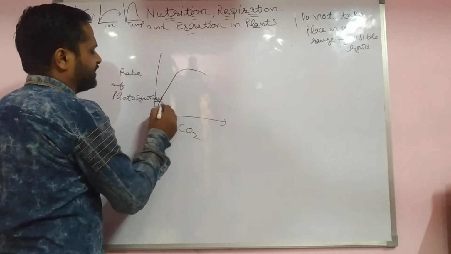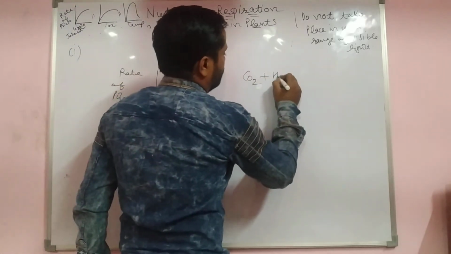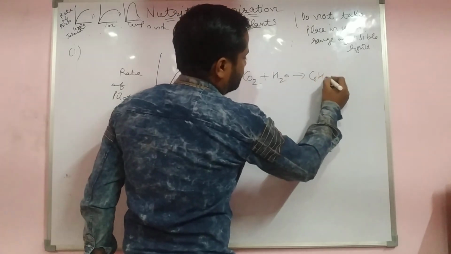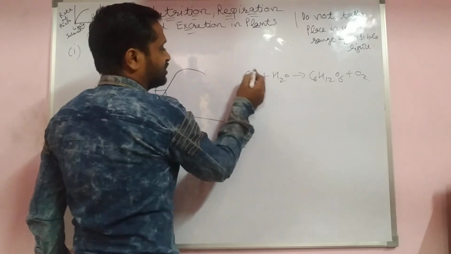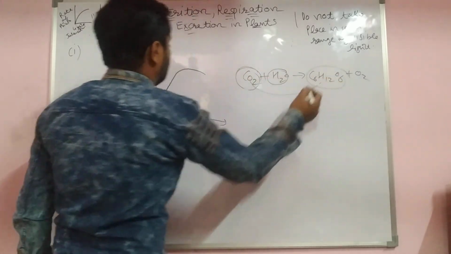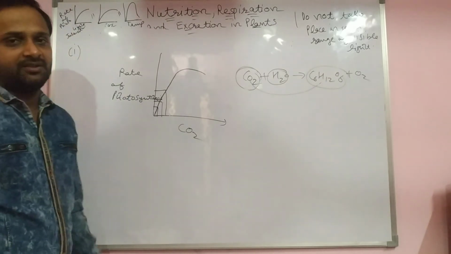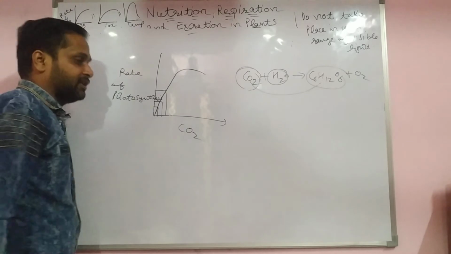When CO2 increases, obviously, keep in mind, you already know the reaction, without balancing it, students. If you increase the reactant, obviously the product increases. Rate of photosynthesis increases. Keep in mind, if more CO2 is there, more reaction is there.